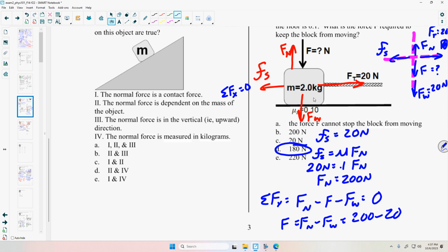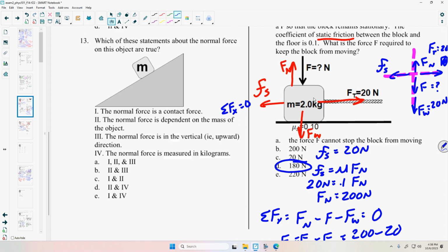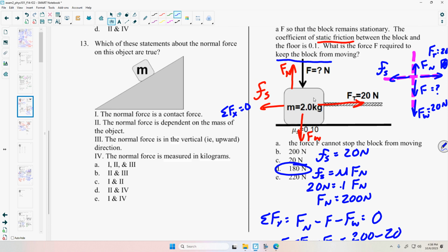There are variations of that problem throughout. Another variation is when the object is on a vertical wall. You might have seen that too, William. That's right, because that was the whole premise of the problem, that you want to keep the block from moving. So if I push on this, it makes it move.